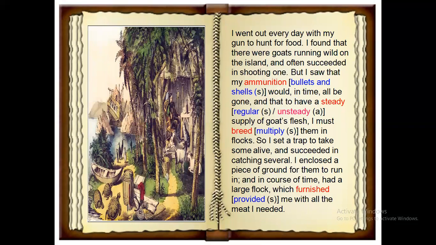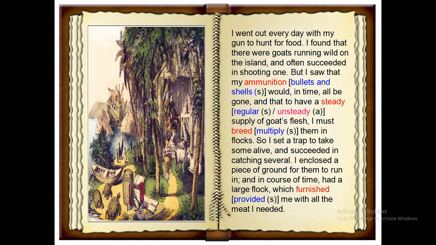I went out every day with my gun to hunt for food. Now, in order to search for his food, every day he had to go out with his gun to hunt for his food.